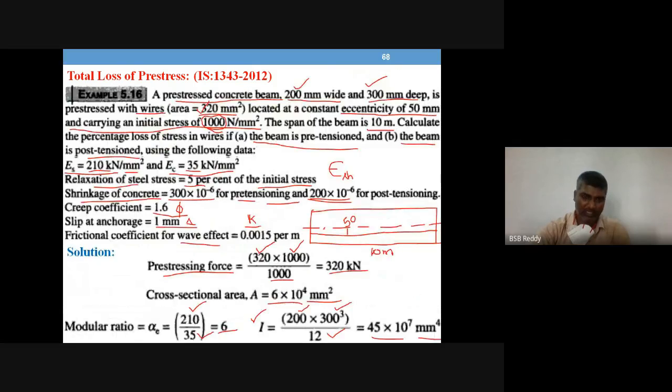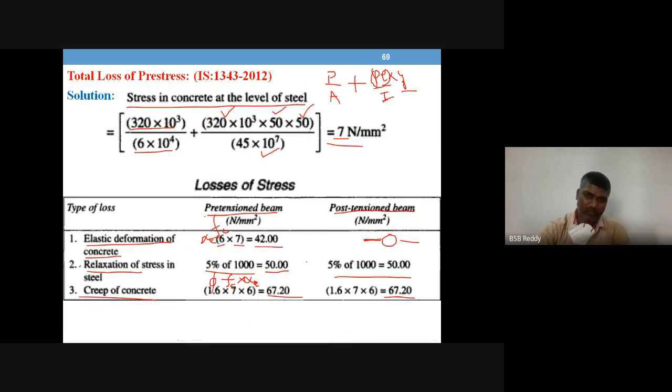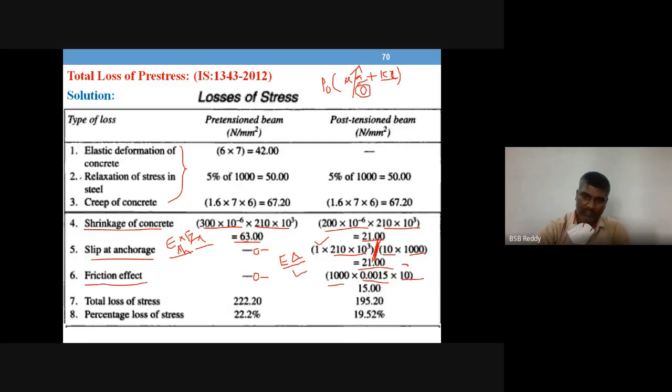You have to substitute that in meters because the k value is per meter, 0.0015 per meter. So remember always that x shall be in meters, I mean the length of the beam. We are taking the total length L, so it's 10 meters. That is coming out to be 15 Newton per mm square.